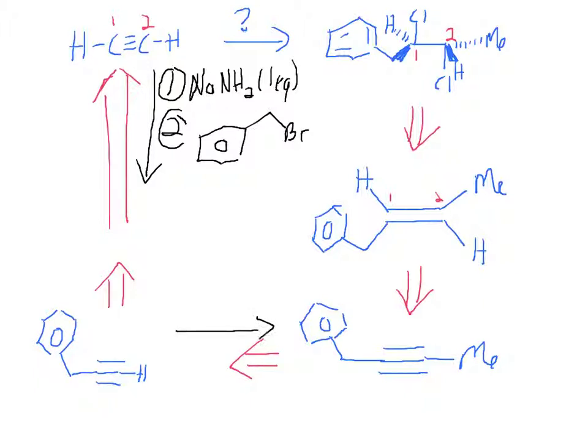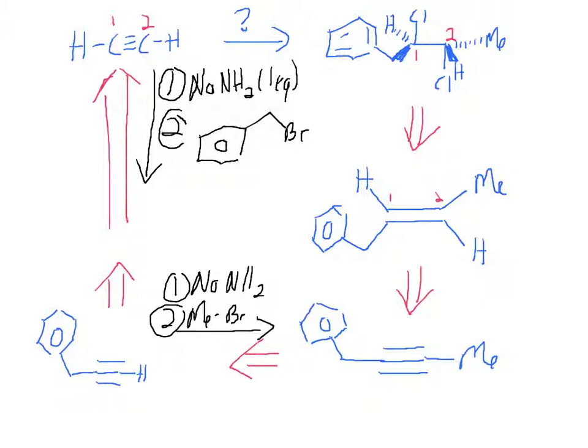Now to get to this product, I need to add a methyl, right? So what reagents do I use first? NaNH2, again. Step 2, I need to use MeBr, right? Methyl bromide. Can you do both those steps at the same time?